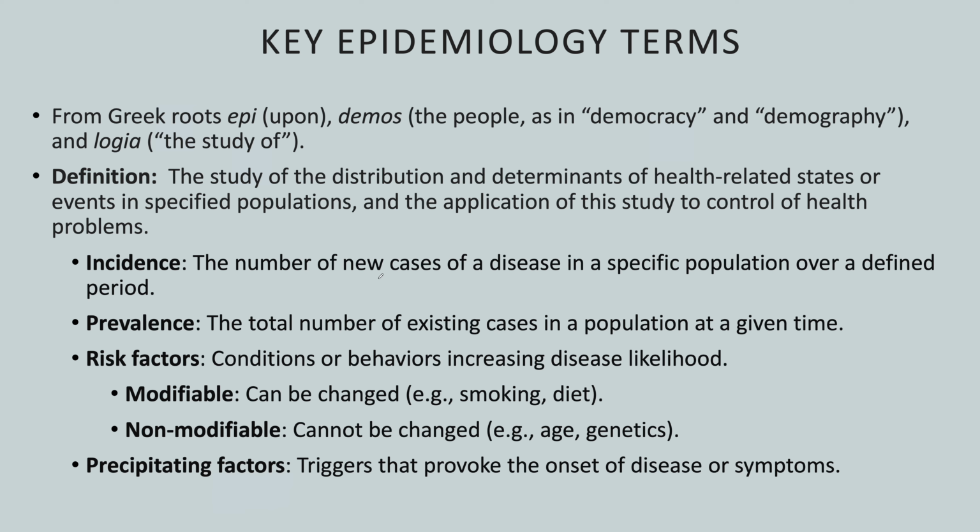Incidence is the number of new cases in a specific population in a certain period. Prevalence is the total number of people who have the disease in a certain time, per year, for example.